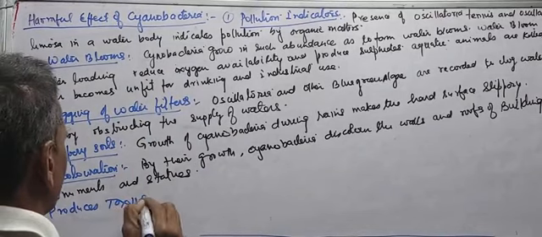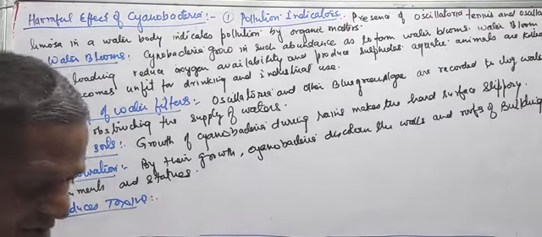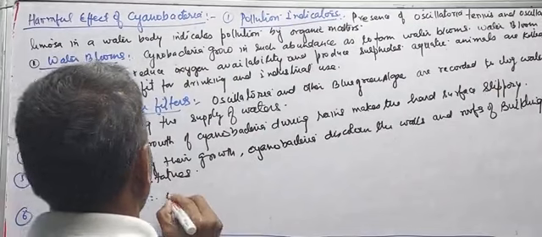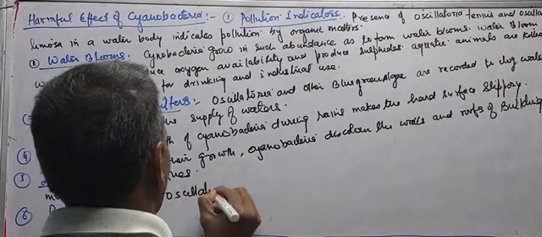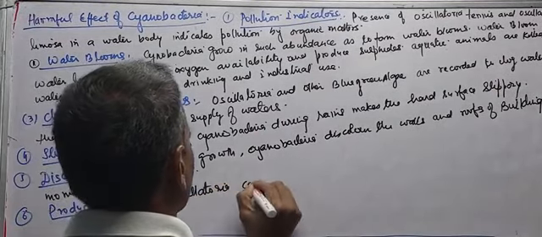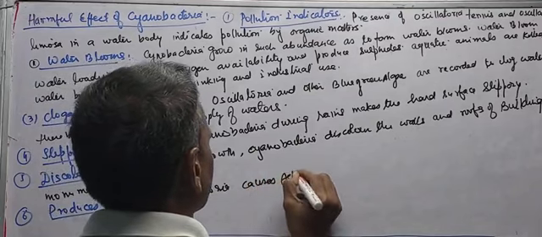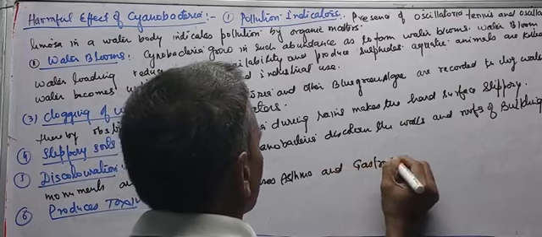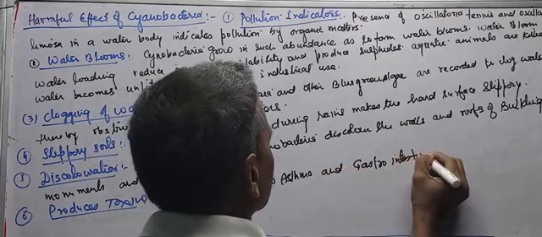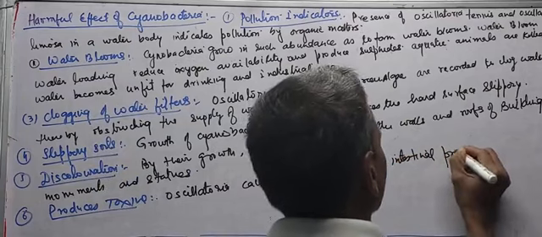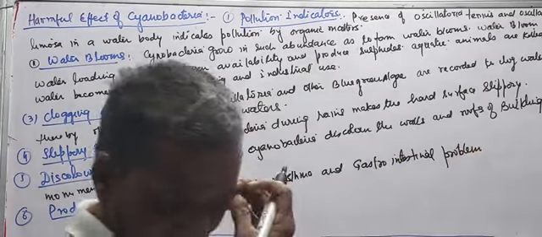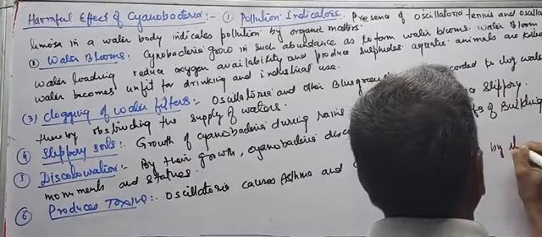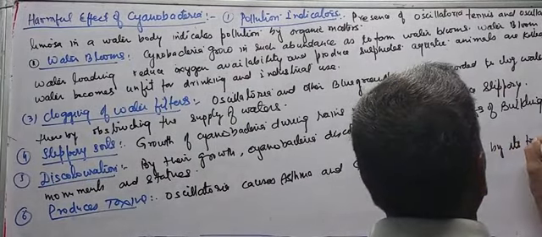Produces toxin. Oscillatoria causes asthma and gastrointestinal problems by its toxin.